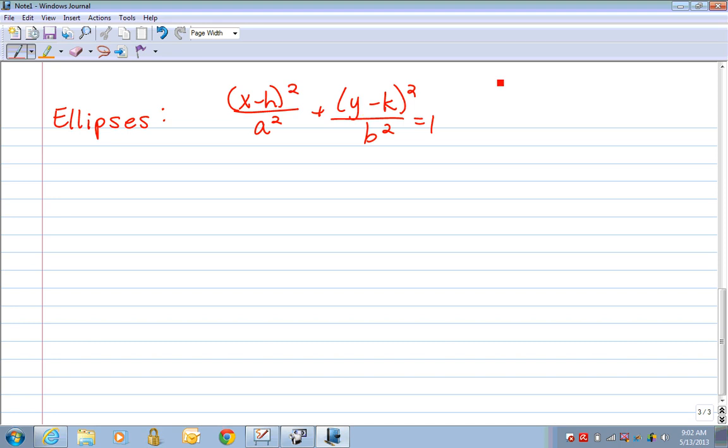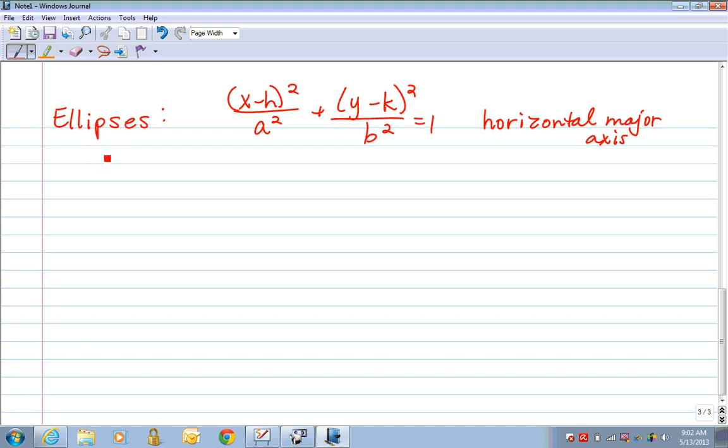I'll write it over here, horizontal major axis. That's what this one is going to be specifically for, and then we'll derive the parametric equations, and then we'll understand what we switch for the vertical.